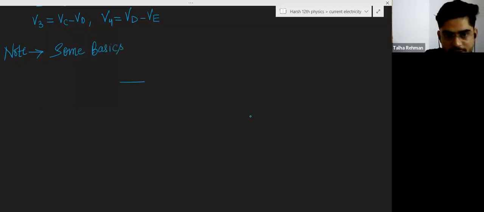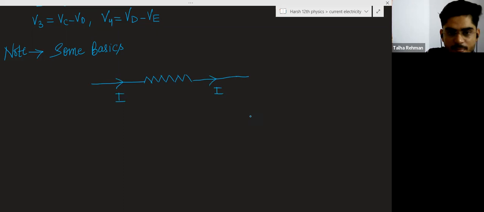Suppose you have a resistance like this, and this is the wire. I am taking a part of the wire, and current I is flowing in this wire. As the wire is the same, the current will remain the same.